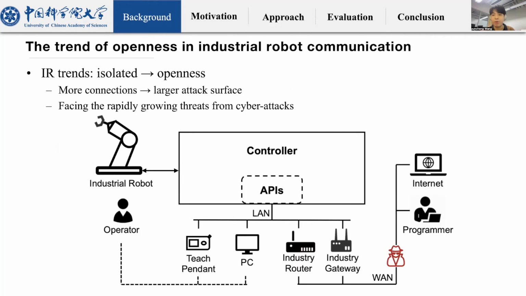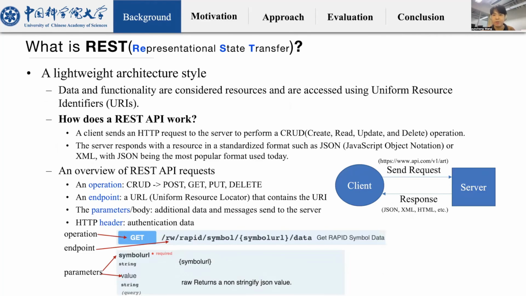Currently, the most popular network interface is the REST API. Its lightweight, flexible, and convenient design for managing and accessing web resources has made it the preferred choice for industrial robot network interfaces. REST stands for Representational State Transfer. In REST architecture, data and functions are treated as resources, which can be accessed using uniform resource identifiers.